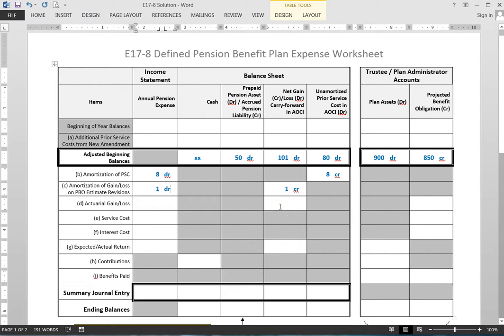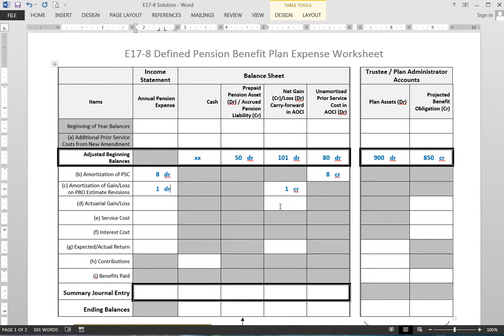Actuarial gains and losses occur when the actuaries change some of the underlying assumptions that they use to determine the projected benefit obligation. For example, if new mortality tables come out and we revise the projected benefit obligation based on an increase in the average expected life of retirees, that would result in an actuarial gain or loss.